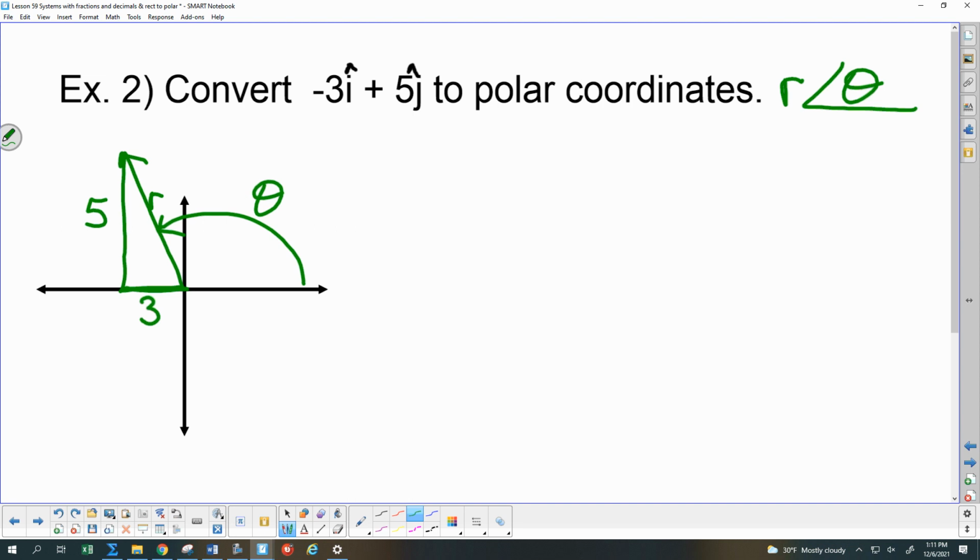So let's start with side r. I have a right triangle. I know 2 sides of the right triangle. How do I get the third side of a right triangle, Nicole? Pythagorean theorem.